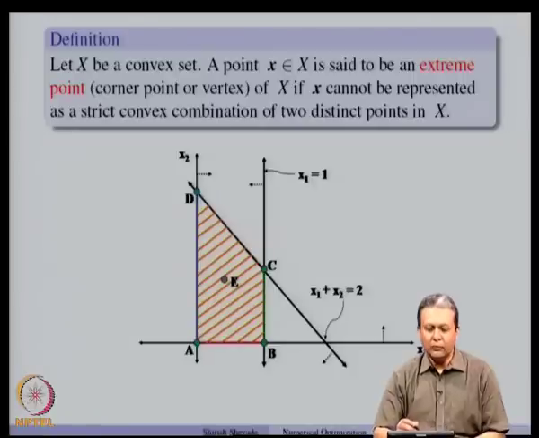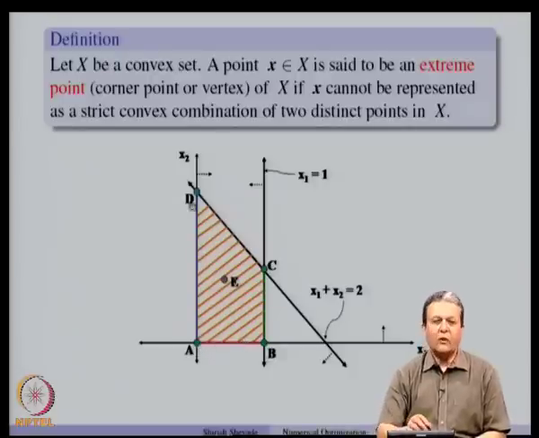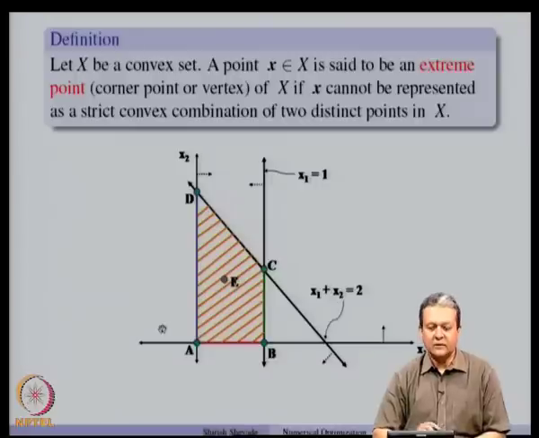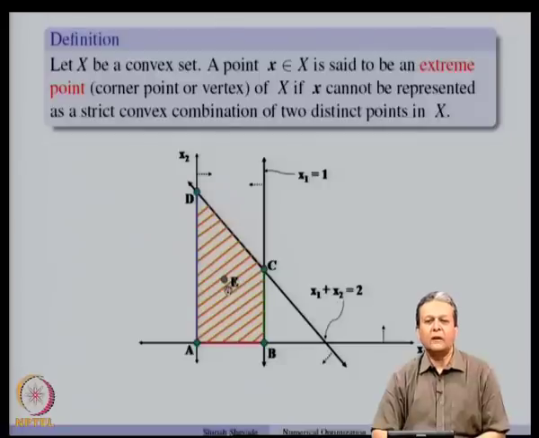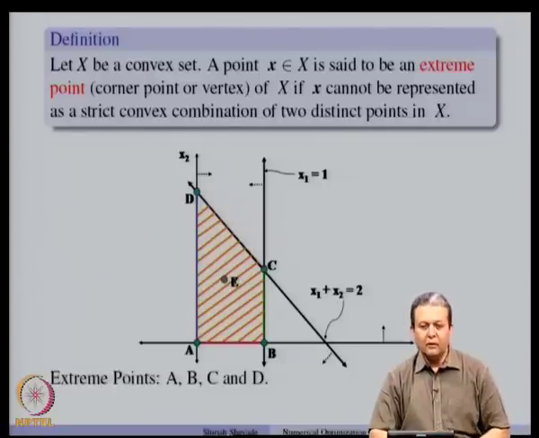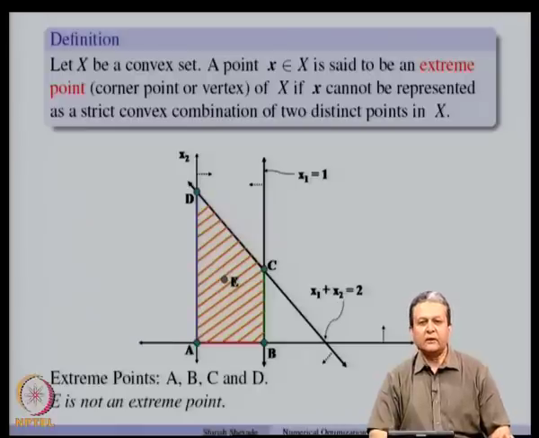We need to draw a line segment whose endpoints are in the set X, and that line segment passes through the point E. So, E can be represented as a convex combination of two distinct points of the set X, and that is not true for the points A, B, C and D. Therefore, these 4 points form the vertices, corner points or extreme points of the feasible set, while E is not an extreme point.